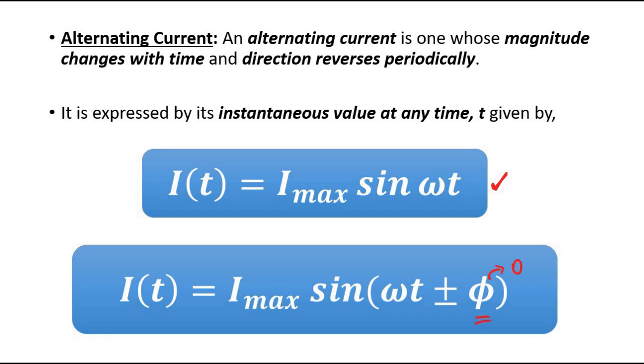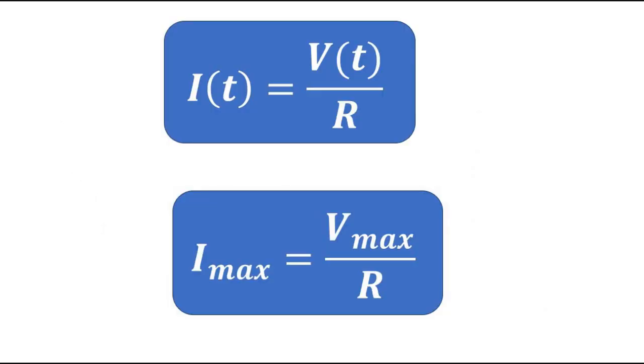When we discuss phase of the AC, we'll discuss it in detail. Here Imax is the maximum value of current, i is the instantaneous value of current, omega is the angular frequency in radians per second, and t is the time instant. So this relationship is valid.